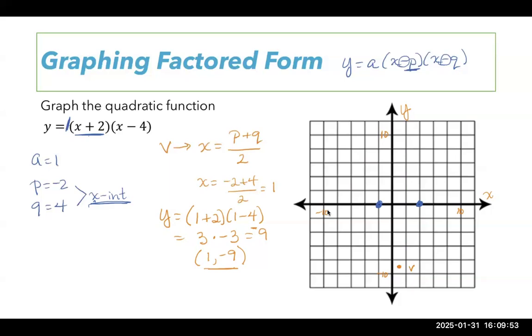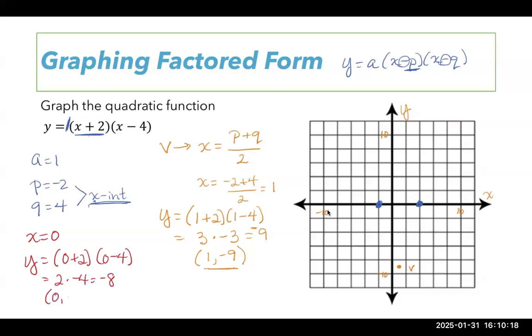So I'm going to go with an easy one here. I'm going to choose x equal to 0. When I put that into my equation, 0 plus 2 and 0 minus 4. So I'm looking at 2 times negative 4, which gives me a negative 8.